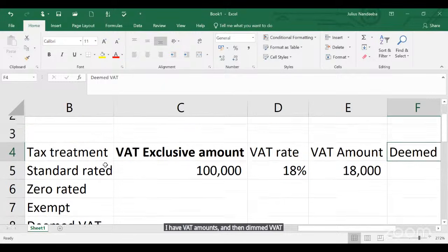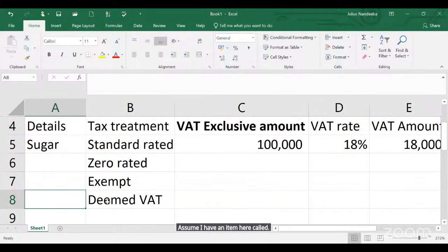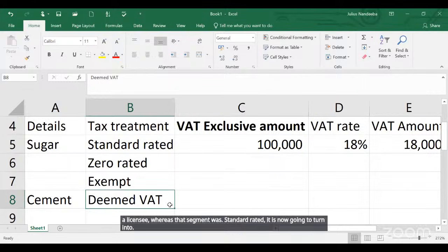I will pick one item. Assume I have an item here called cement. We know that cement is standard rated, not so? But if this cement is supplied to a licensee, the players in the mining and petroleum sector, whereas that cement was standard rated, it is now going to turn into deemed VAT.